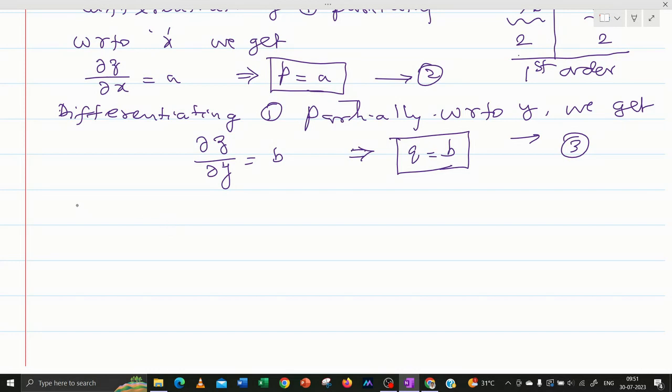So substituting 2 and 3 in 1. Equation number 2 says p equal to a, and equation number 3 says q equal to b. Substituting these in equation number 1, we get the required PDE.